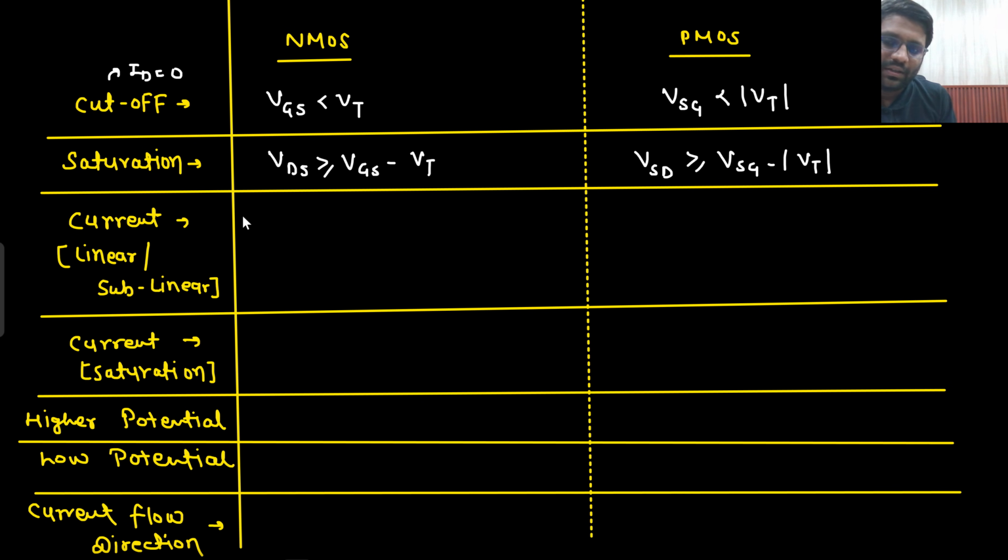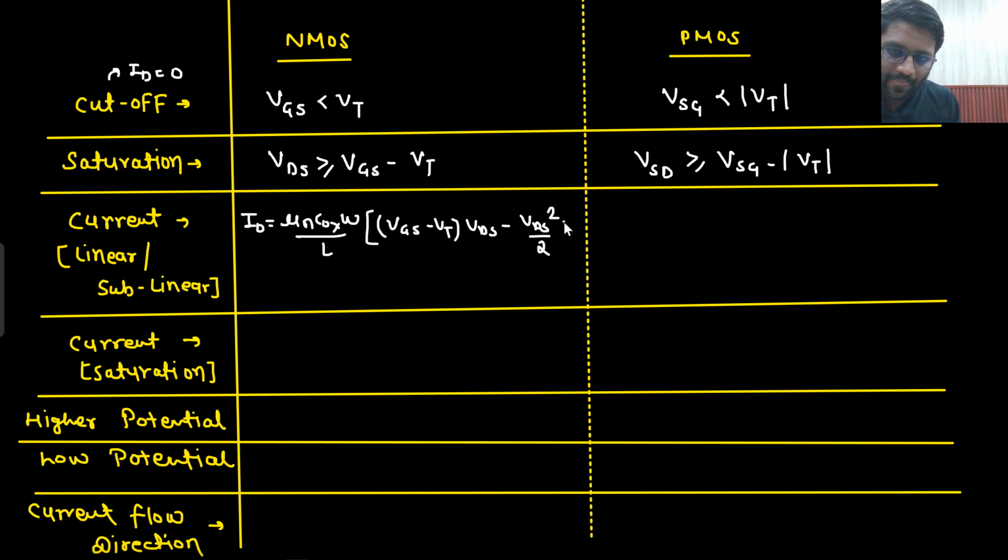Current equation for linear region. Mu n Cox W by L, VGS positive minus VT positive, into VDS minus VDS square by 2. Everything positive we are writing down. Let's write in better handwriting.